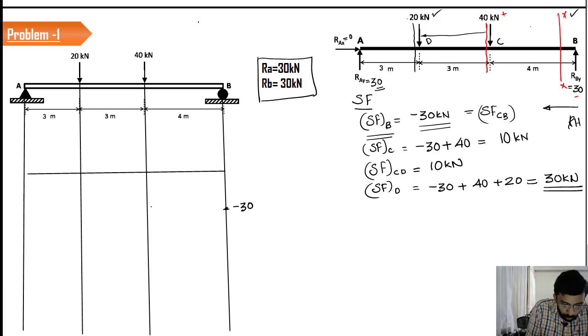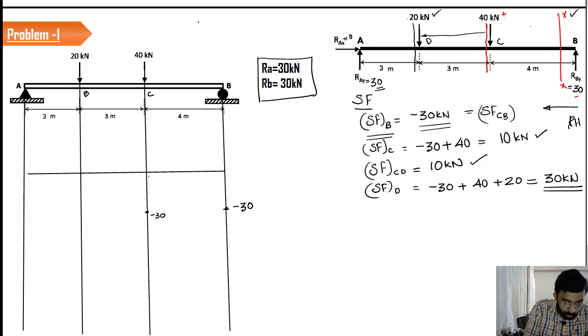So up to the point C, because this was your point C and this was your point D, up to C the value remains the same, right? It is minus 30. So when you join 2 point loads, it has to be by a horizontal straight line. That also we have explained in the theory part. So at the point C, what happens? The value jumps to 10 kilonewtons, right?